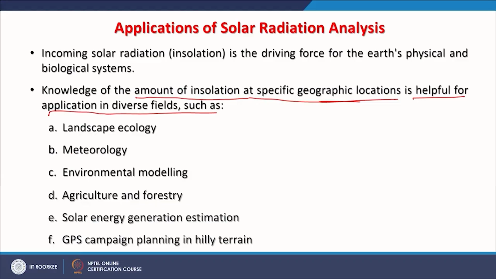There it is being used the maximum. And of course, for GPS campaigns in hilly areas, which people can plan before they reach the ground. So, they will know what kind of sky plot or open sky they will have, what kind of hindrances they are going to have. Of course, this is a non-exhaustive list; new applications will keep coming.